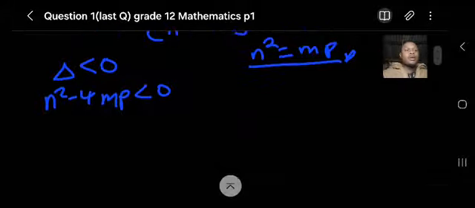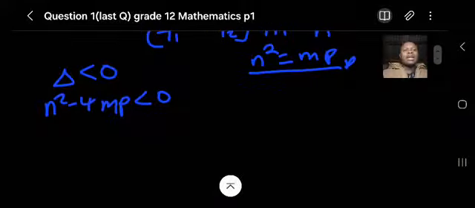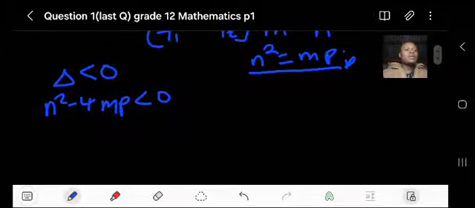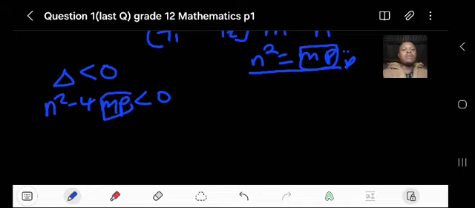So what about now? We must relate things. We have equation 1 here, where n squared is equal to mp, and here we also have mp. I can replace the mp with n squared.